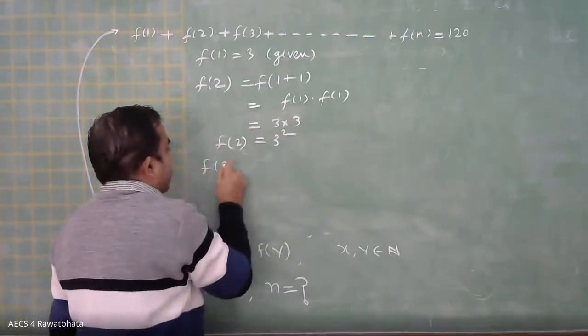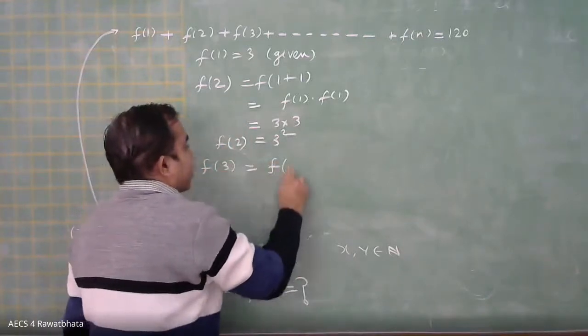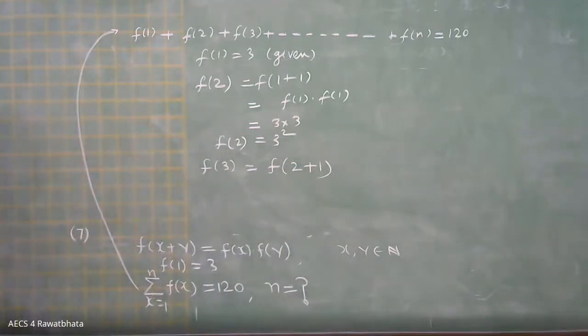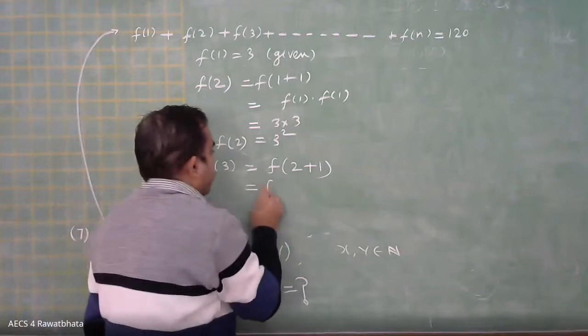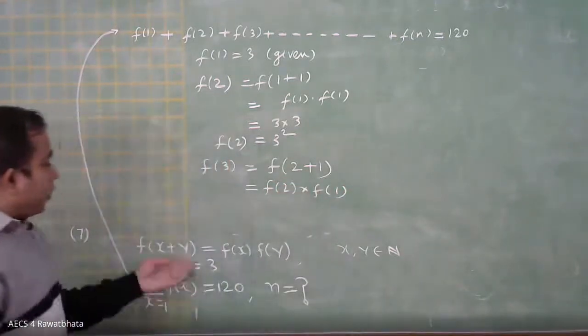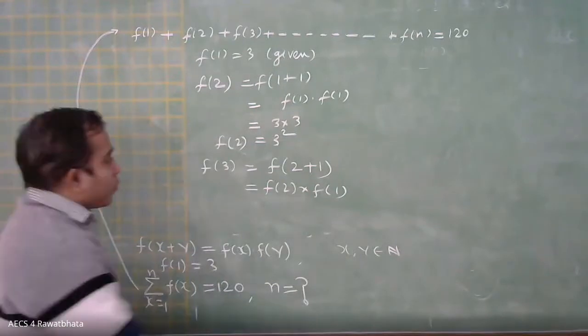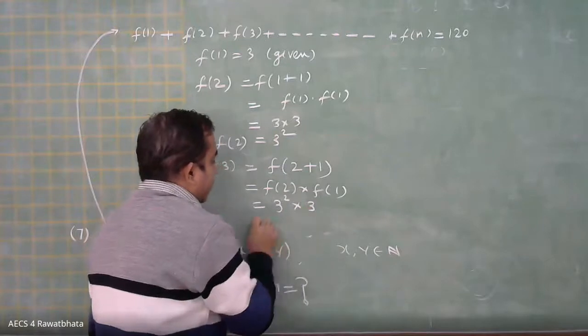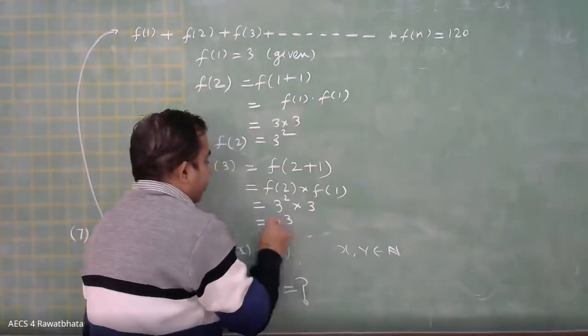Let us find f(3) also. f(3) you can write as f(2 plus 1), and this you can write as f(2) into f(1), because such a relation is given. f(2) you have already calculated, 3 square. f(1) is already given, 3. So f(3) will become 3 cube.